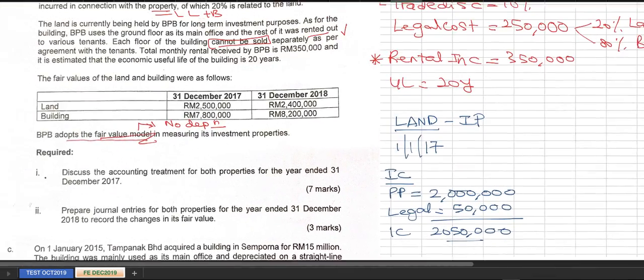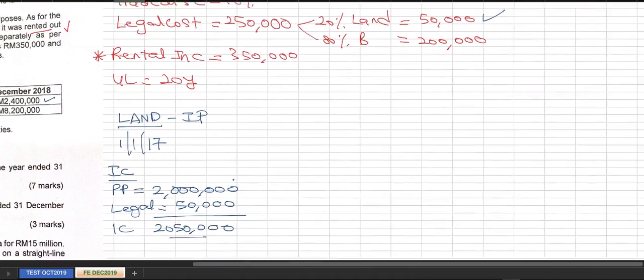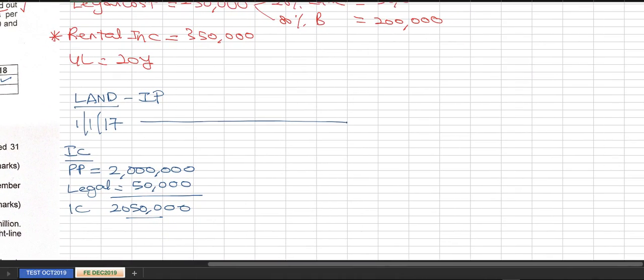Given in the question, the fair value is 2.5 million on 31st December 17 and 2.4 million on 31st December 18. I don't need to make it long because there's no depreciation.